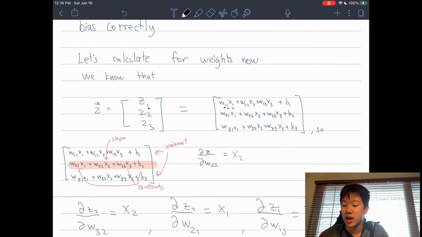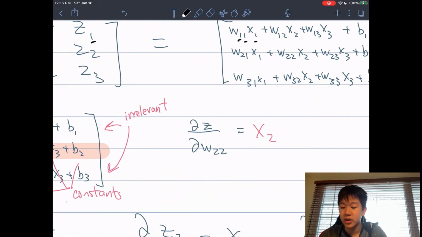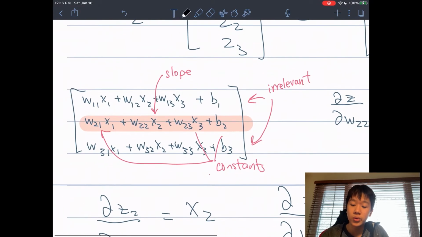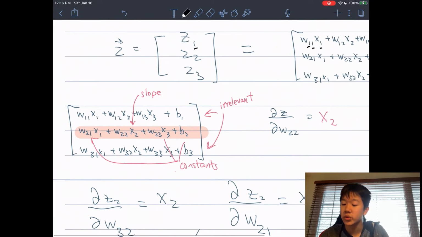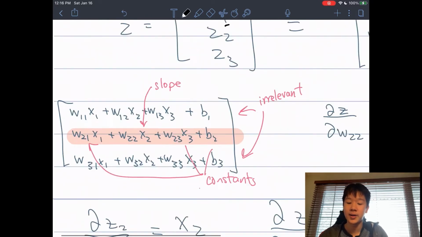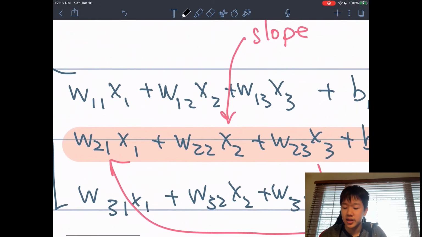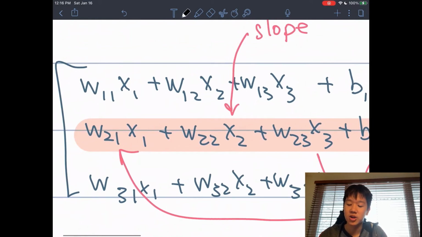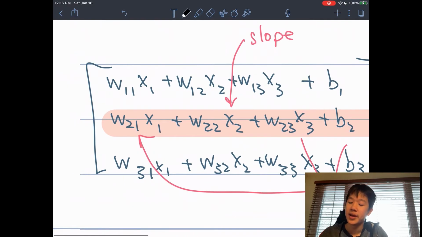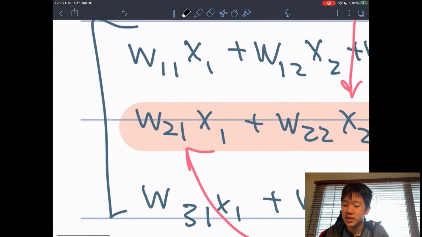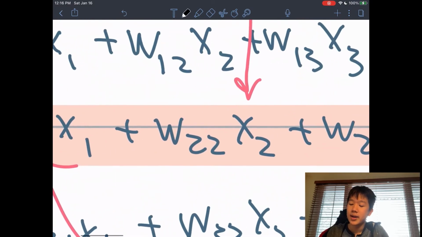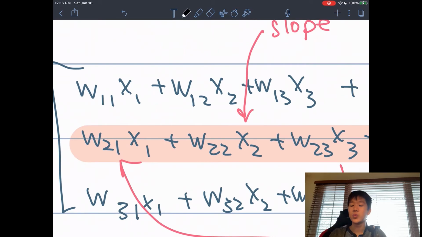So let's calculate, for example, del z over del w22. So where does w22 appear? And we see that the first time that it appears, it is just in the second row, in the second term, so w22 x2. And since these are just going to be constant, this and this becomes the only term with w22, and what is the slope of it?